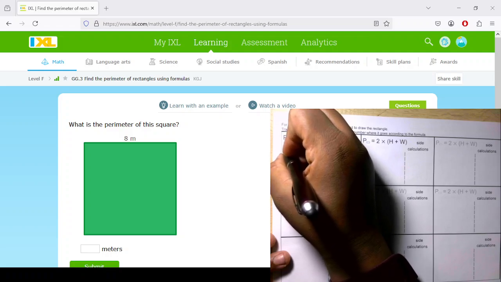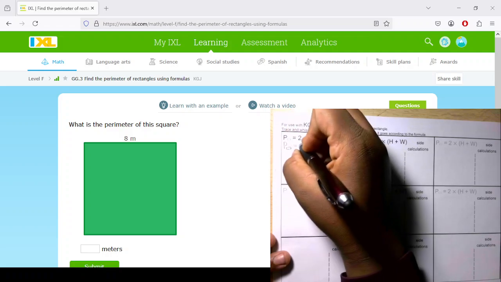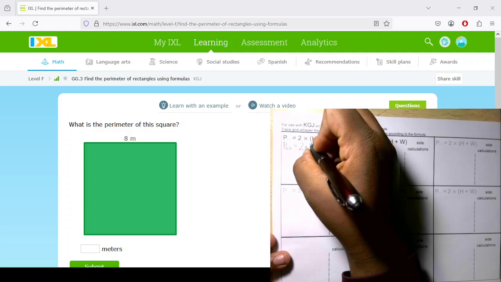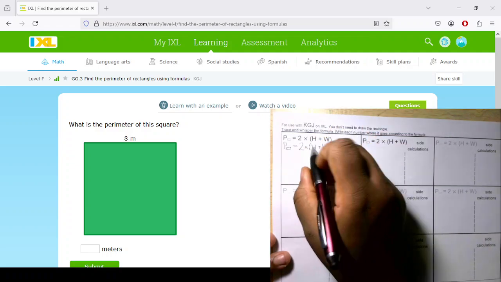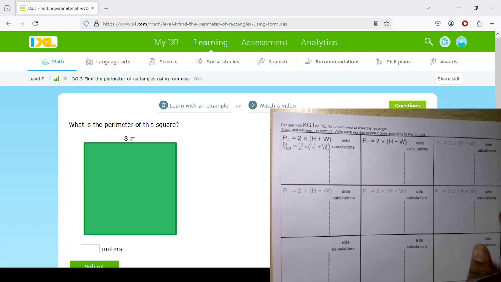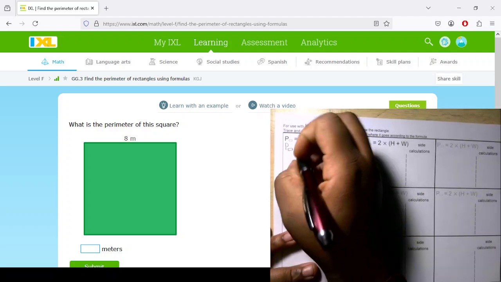Perimeter of a rectangle is calculated by adding up the height and width of every side. You're going to add the height and the width and then double it. What is the perimeter of the square?